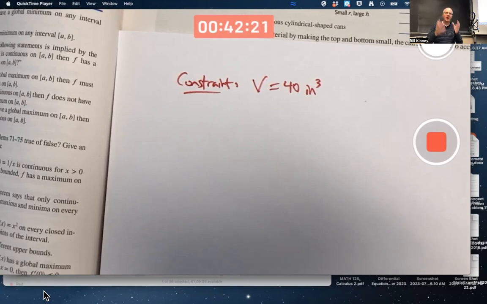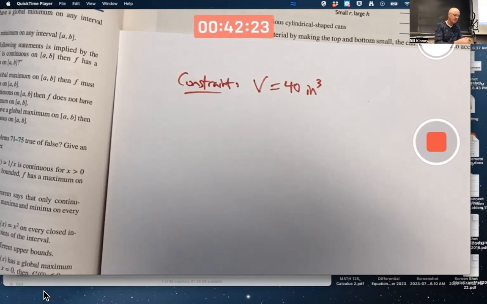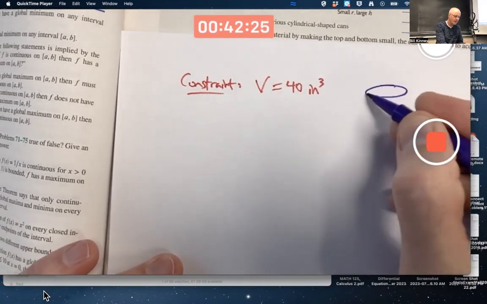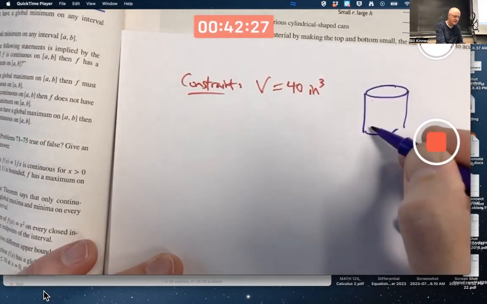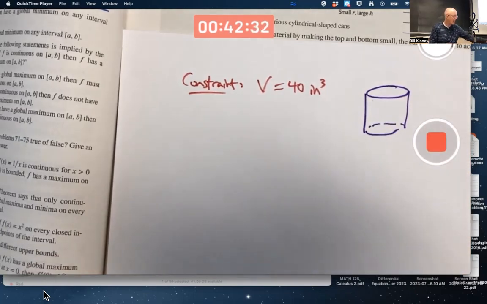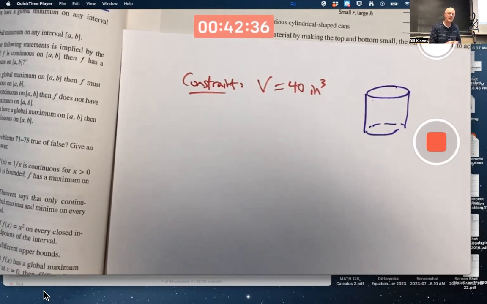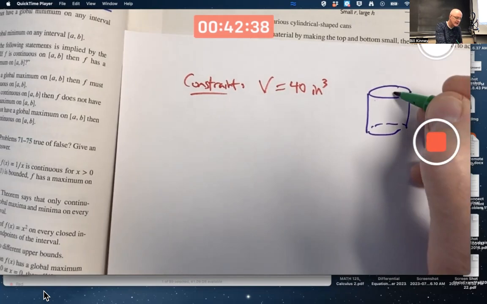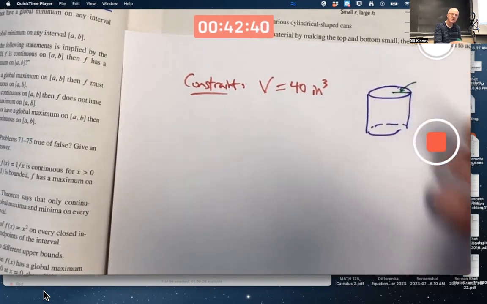We're not thinking about an arbitrary cylinder. We're thinking about one that has a volume of 40 cubic inches. Well, what is the volume of a cylinder? The top of a cylinder is a circle.